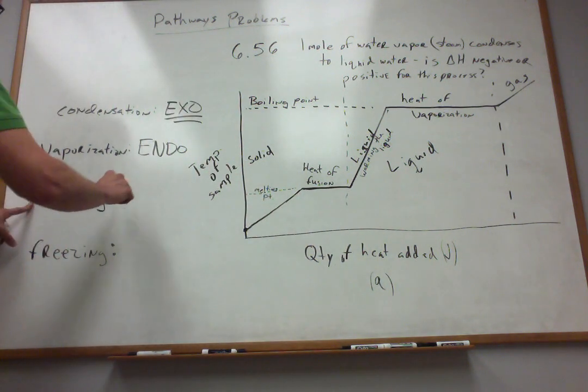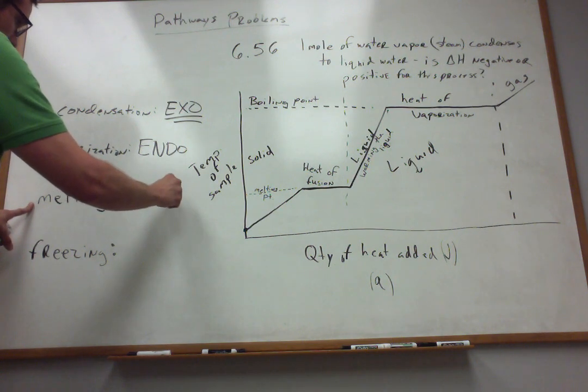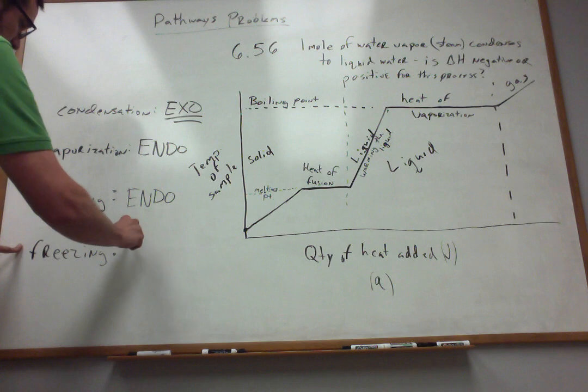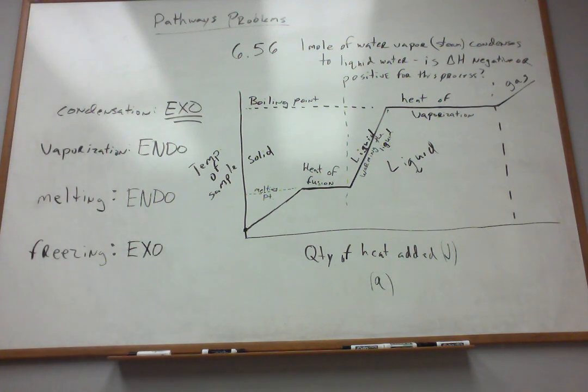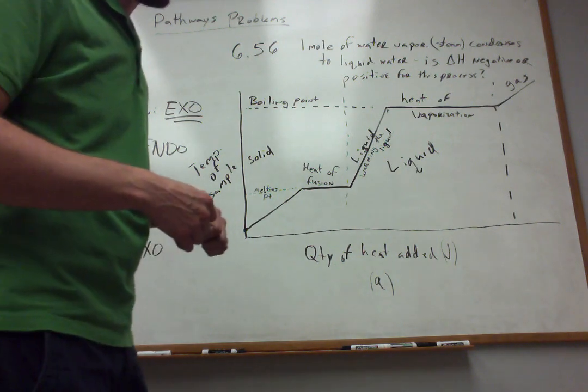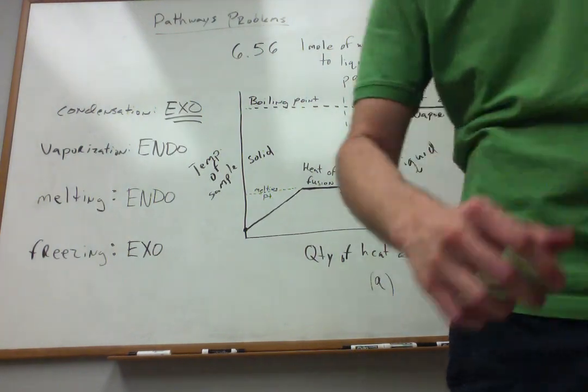Okay, so melting, endothermic, freezing, exothermic. Okay, so hopefully this discussion has familiarized you with which of these processes are exothermic and which are endothermic, so that you can understand that and successfully predict if you're faced with such a problem.